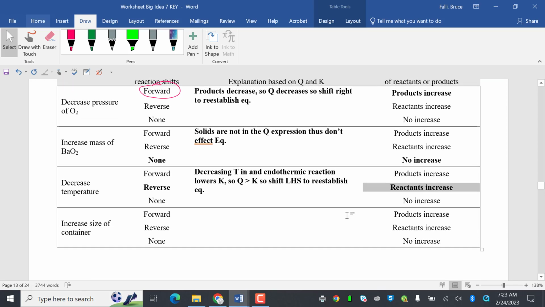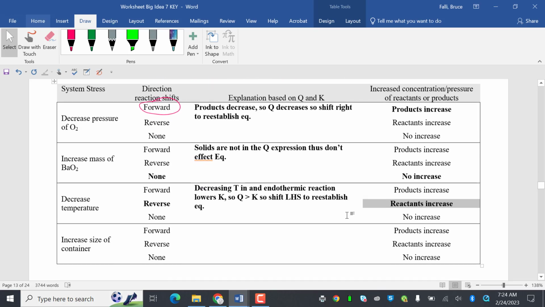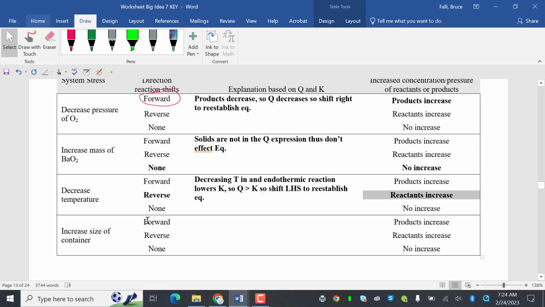All right, increase the size of the container. So what that does is it gives us more room for gases. So that'll shift forward. A larger volume lowers the molarity of gases. Oh, I guess there's only one gas.